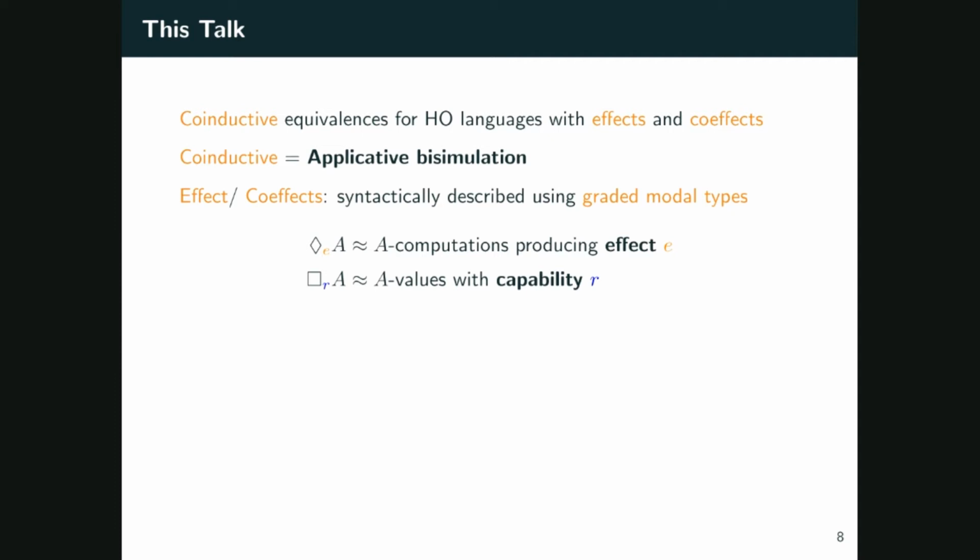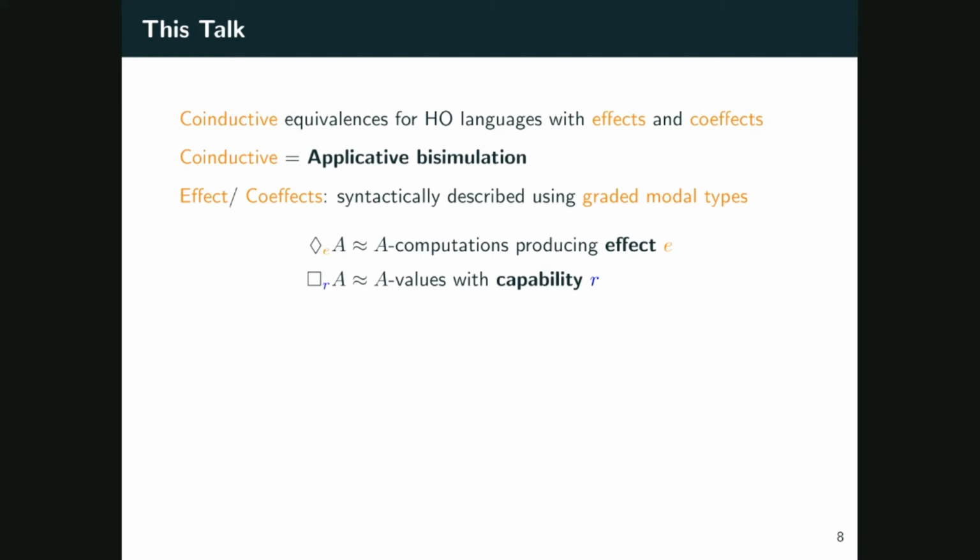But for now, let me just tell you that I will show you languages in which we have two kinds of modal types. One for giving information on the effects that can be produced during the computation, so on what happens when we evaluate code.